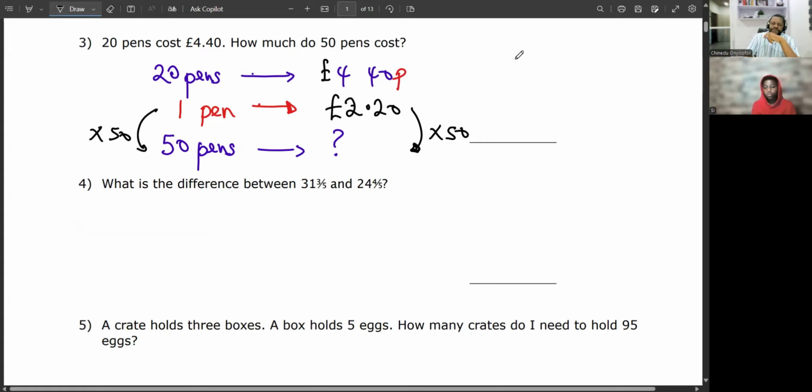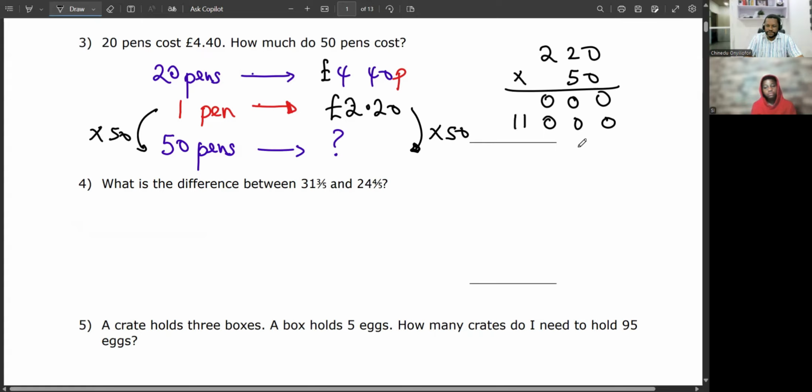So if you multiply £2.20 by 50, first of all, look at 220 and pretend there's no decimal point. Multiply by 50: 0, 0, and that's 0. 5 times 2 is 10, 0 carry 1. 5 times 2 is 10, that's 11, so 11000.